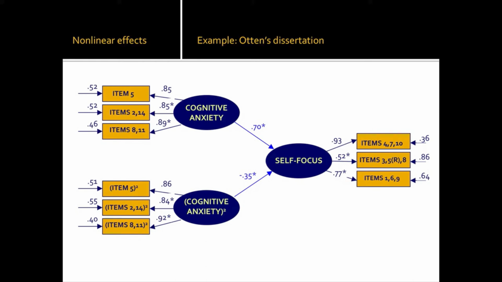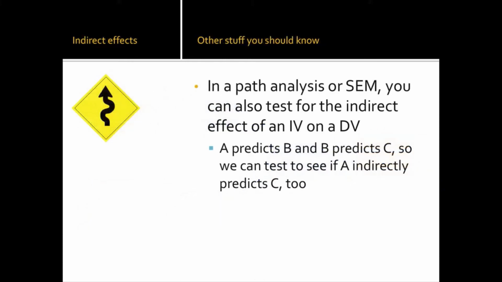That's our SEM with the 0.70 positive B1, or linear relationship, and then the negative 0.35 to represent the nonlinear relationship. Okay, so that was the quick introduction to nonlinear relationships and being able to test them in regressions or in SEMs.